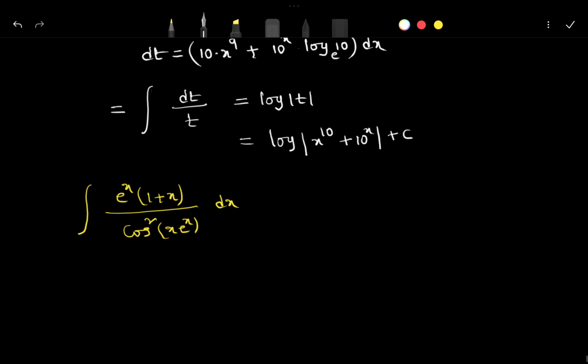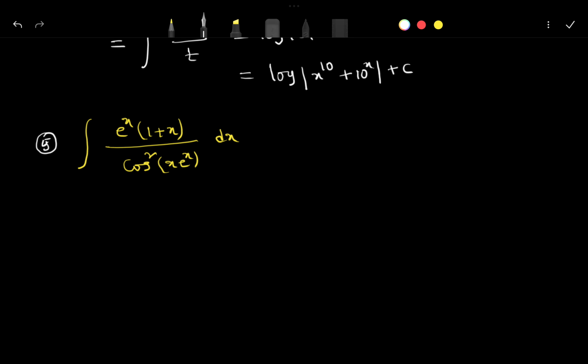So here, first of all, you take this one, x into e to the power of x. Put t is equal to x into e to the power of x. Now see, by differentiating this value with respect to x, dt is equal to the derivative by the product rule uv.